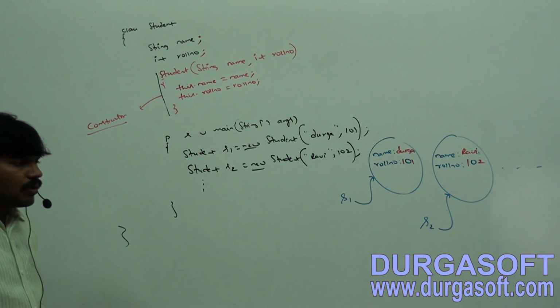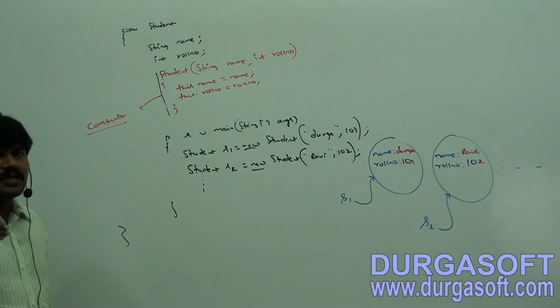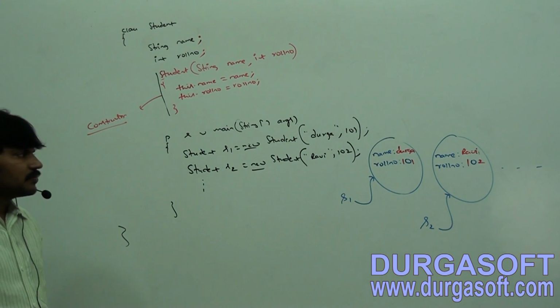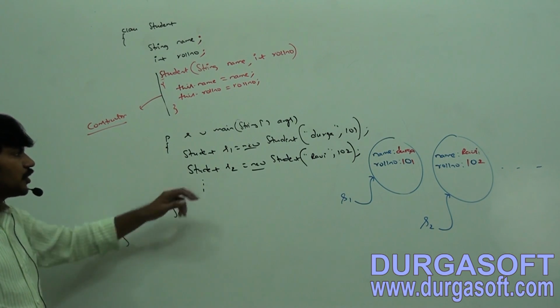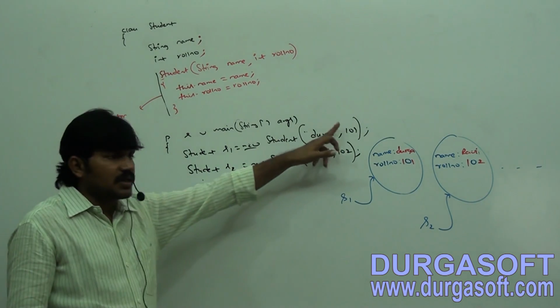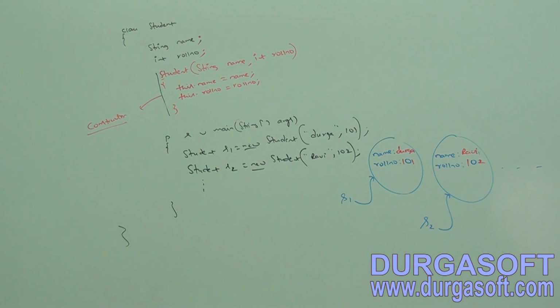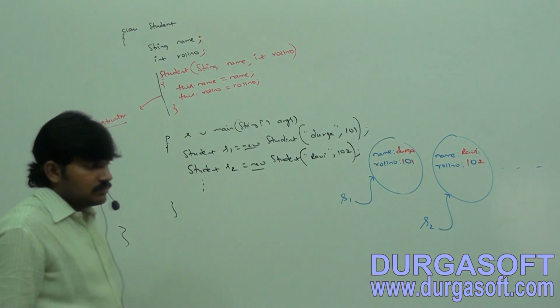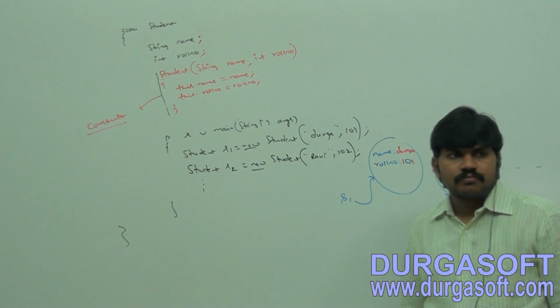So what is the role of constructor? To perform initialization of an object, not to create an object. To create an object we have to use the new operator, but to perform initialization the constructor will be there. I hope that is complete.